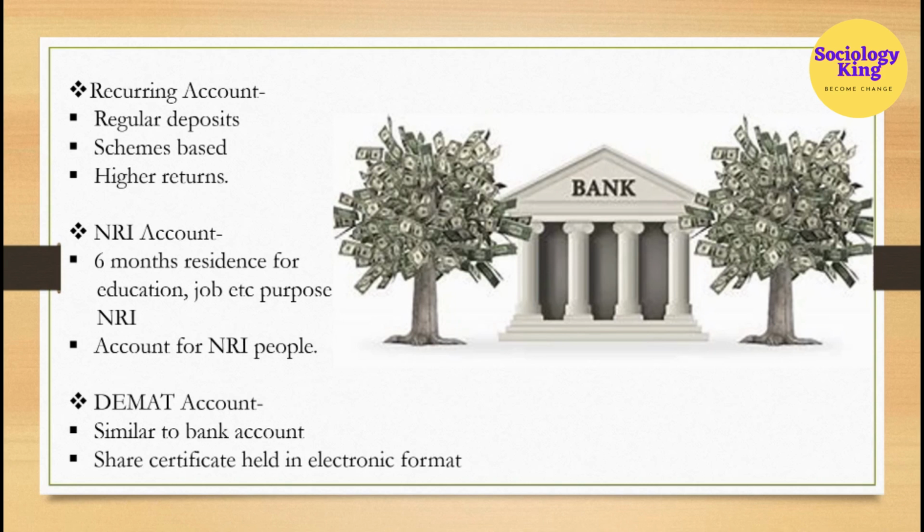After this, I would like to end my topic and conclude that a bank is a financial institution dealing with everything, and there are many types of accounts which a bank has: recurring account, fixed deposit account, and many others.